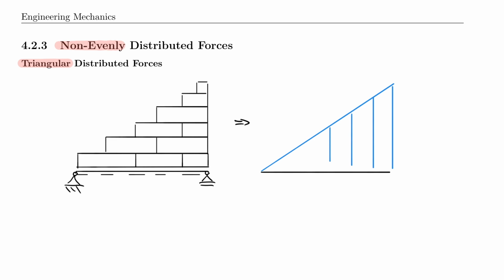And then we have force arrows that indicate a distributed force, but with a linear increment here. So it goes from 0 to whatever we usually call later on W1.